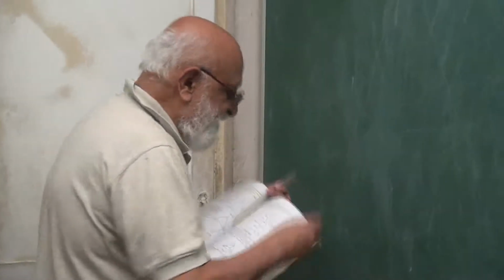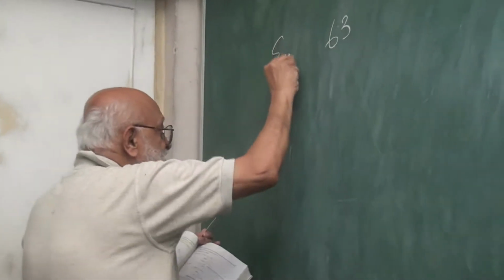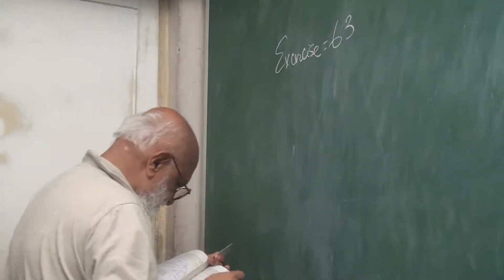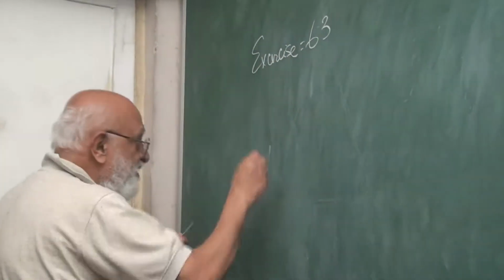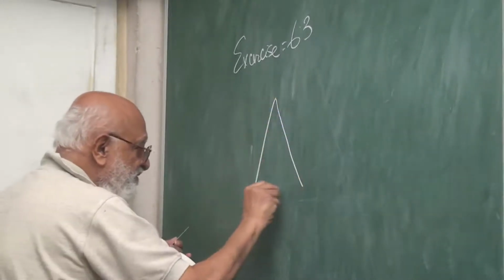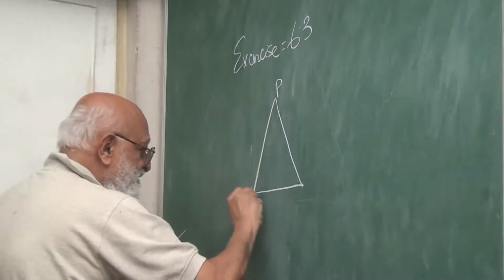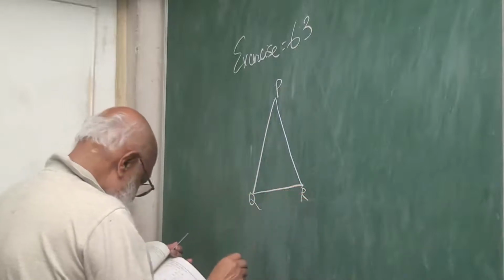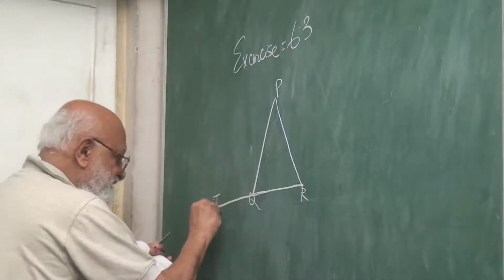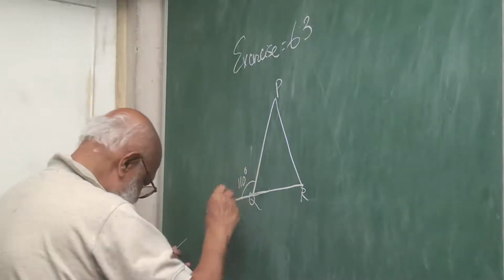Now this is exercise 6.3. First question, it says you have a triangle PQR, and this side is extended to T. This exterior angle is 110 degree.